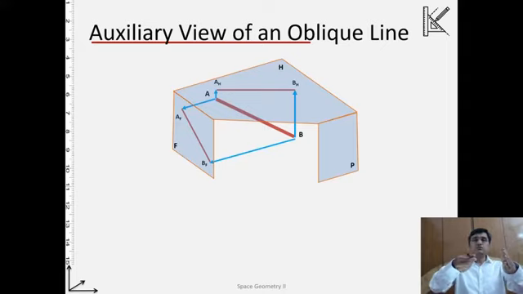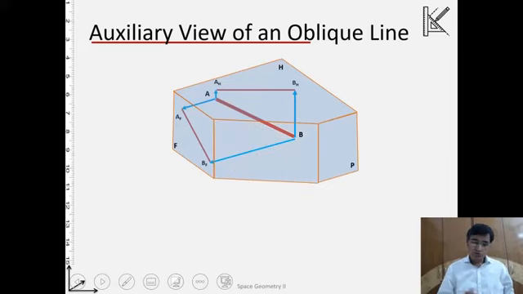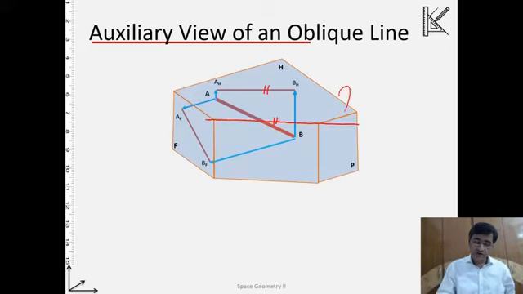So we will make use of this concept in order to locate where the auxiliary plane is. Let us do it. So using this, parallel to this is the edge view. So let this line be the edge view if you see it from the top. Okay, that's the edge view. And these two are parallel. So the plane which is going down is the auxiliary plane.